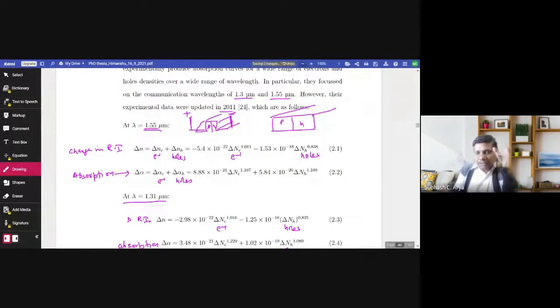In the PN case, we apply reverse bias, that is the depletion mode. We know in a PN junction, if we apply reverse bias, the depletion width increases.